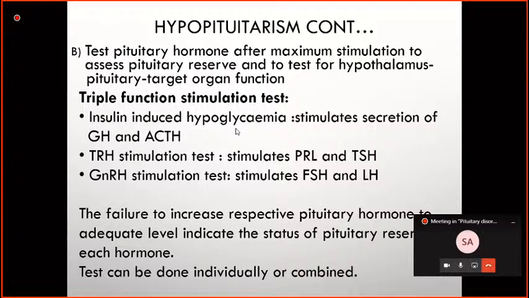So after the baseline test of the hormones, you can further do these dynamic tests to check whether there is adequate pituitary reserve or not.